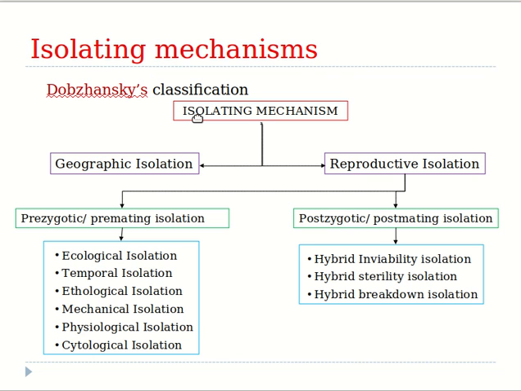As per Dobzhansky, the isolating mechanisms can be divided into two major types: geographic isolation and reproductive isolation. Geographic isolation, as the name says, involves geographic barriers like mountains, land and water masses, thick forests, vast deserts, etc. These prevent two reproductively active populations from coming into contact.